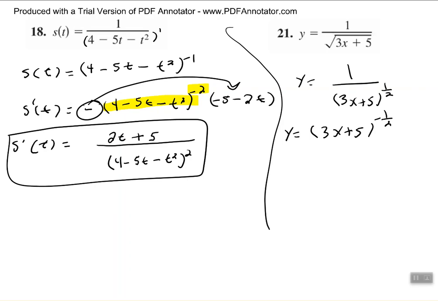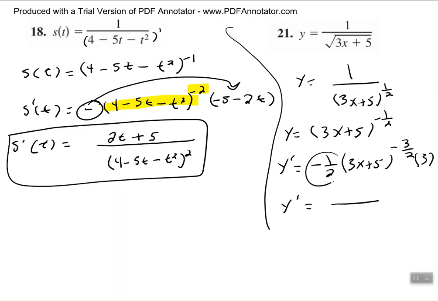And then I want to use my power rule. Subtracting 2 over 2 would make that subtracting 3 halves, negative 3 halves, times the derivative of the inside, which is 3. And last but not least, let's clean it up.